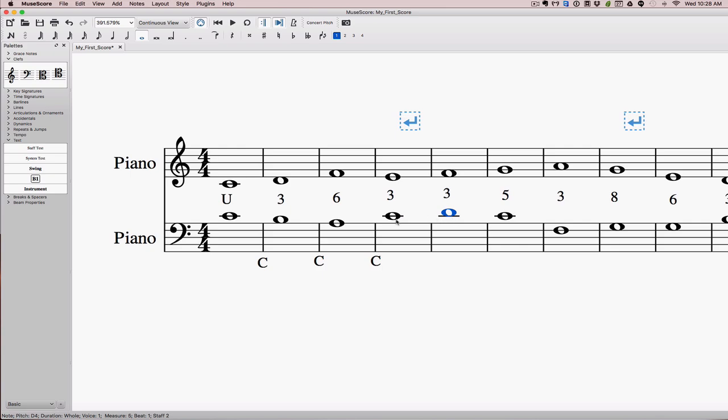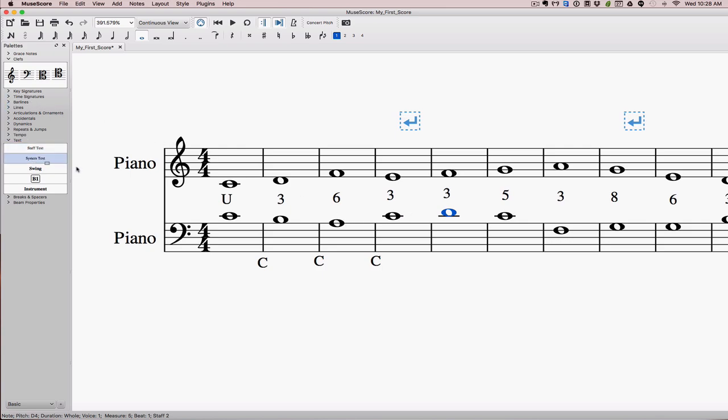Parallel motion means we are going in the same direction, both going up here, by the same interval. So we're going up a second and up a second. This one's going up a minor second, this one's going up a major second, but I would still call that parallel motion. It's essentially a third going to another third, right? So that is parallel motion.